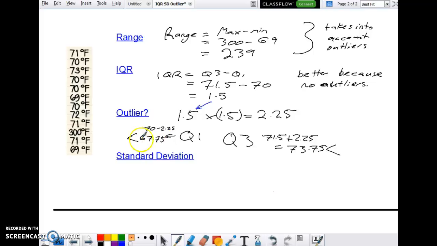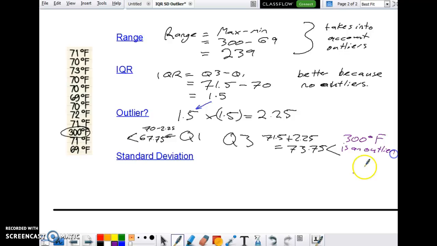So, is there anything below 67.75? No. Is there anything above 73.75? Yeah, this guy. So we would say that 300 degrees Fahrenheit is an outlier.